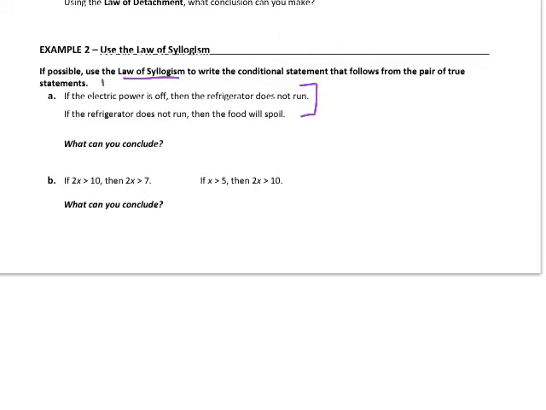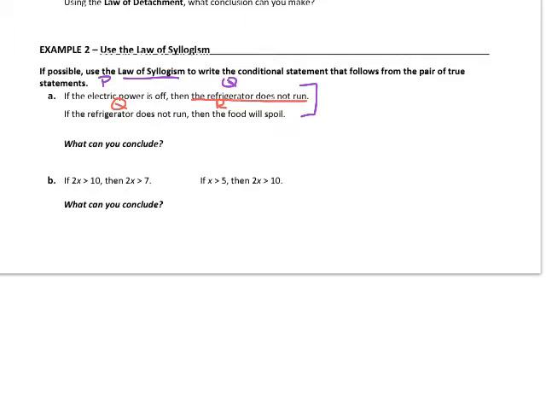So let's just label this with P and this with Q. So our hypothesis is P, our conclusion is Q. If the refrigerator does not run, then the food will spoil. Well, we just saw this statement, the refrigerator does not run. That was Q. All right, and now we have a new conclusion over here, then the food will spoil. That is going to be R.